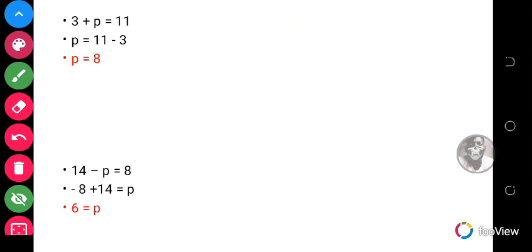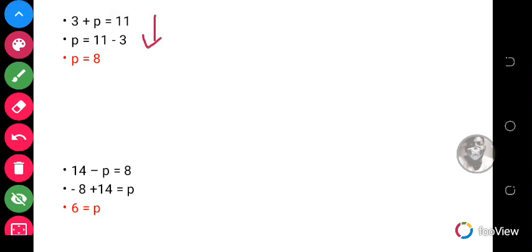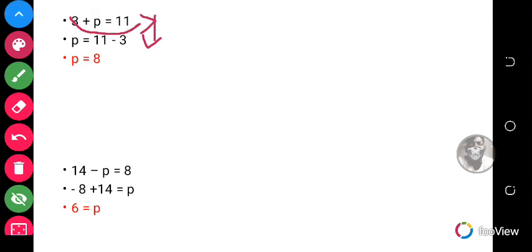But in the mathematical sense, what you are supposed to do is this. 3 moves to this side of the equation, leaving p behind.